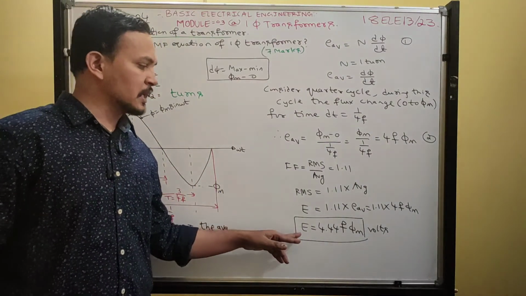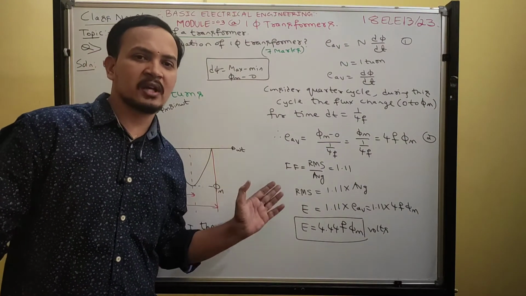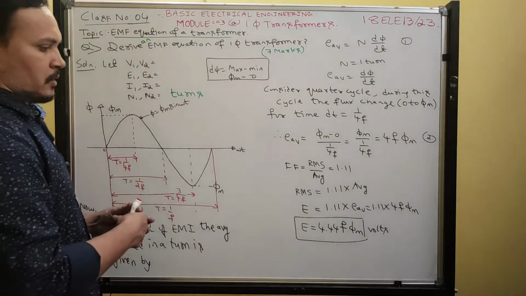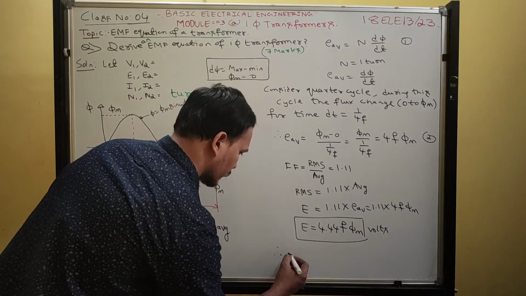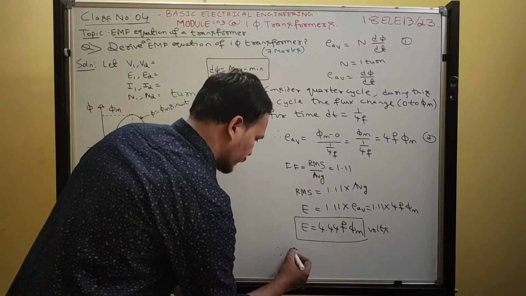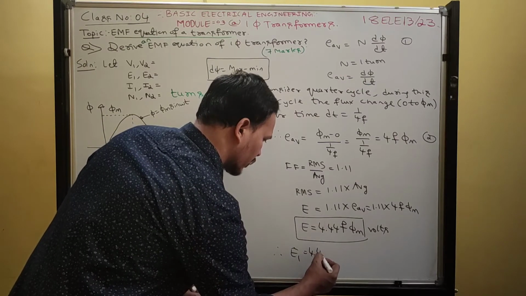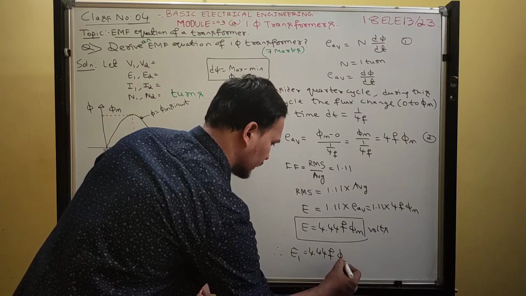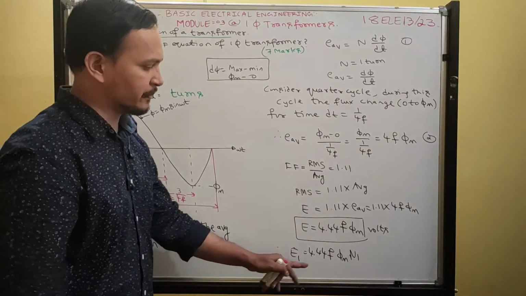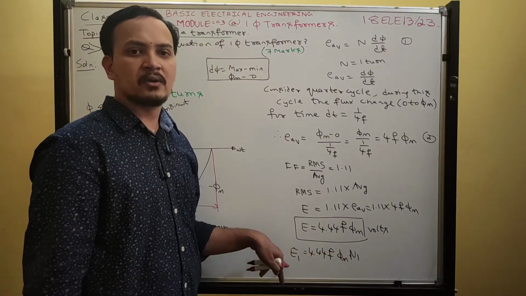See, this induced EMF will happen in both the primary winding as well as the secondary winding. Therefore, for the primary winding, the EMF induced in primary will be 4.44 f pi m. You multiply primary turns, and you will get the primary induced EMF.